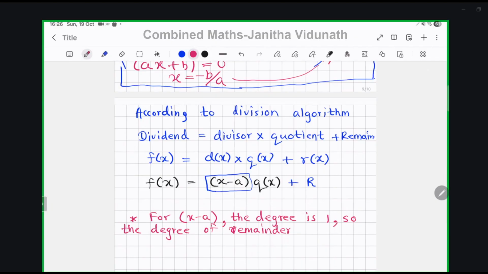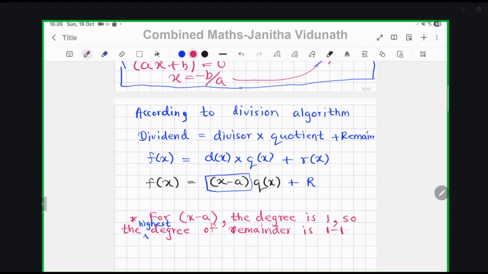The highest degree of the remainder is 1 minus 1, because the degree of the remainder should be 1 less than the degree of the divisor.